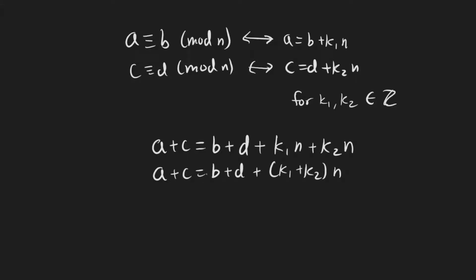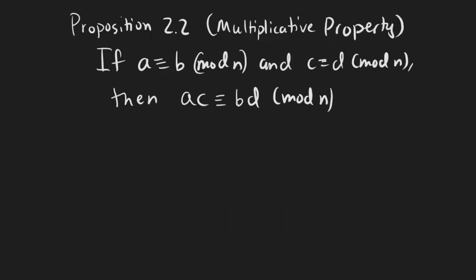Then we just add these two equations and we get that A plus C equals B plus D plus k1n plus k2n. And note that we can factor this as A plus C equals B plus D plus the quantity k1 plus k2 times n. Now this equation is actually equivalent to A plus C is congruent to B plus D mod n, as we've said earlier.